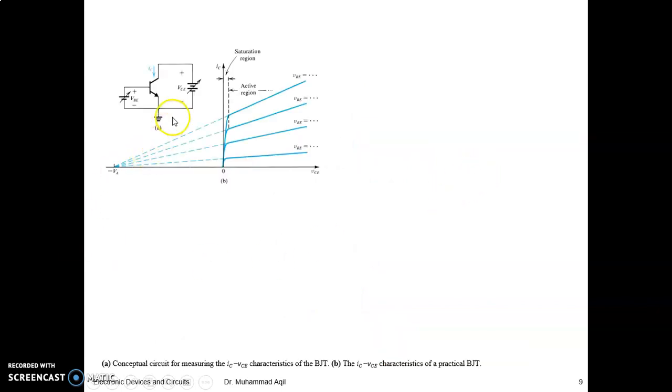As we have drawn the common emitter characteristic curves, they look like these: not straight, a little tilted, the Early effect, VCE dependency on IC, right? For every VBE, you have a curve for increase in VCE, right?